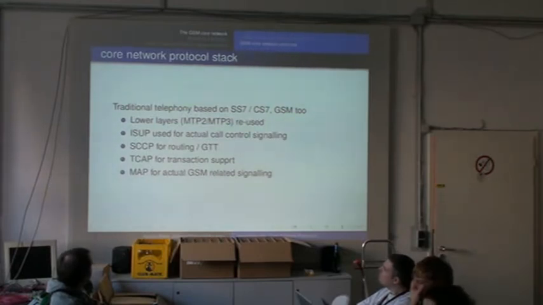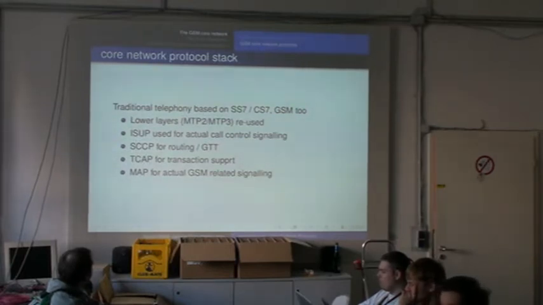The protocol stack that all of these core network interfaces have is the same protocol stack. It uses Signaling System 7, or sometimes also called CS7, and the lower layers are identical to what you will find in a classic wire telephony system, where you have MTP level 2 and MTP level 3 on the lower layers on top of an E1 physical line.